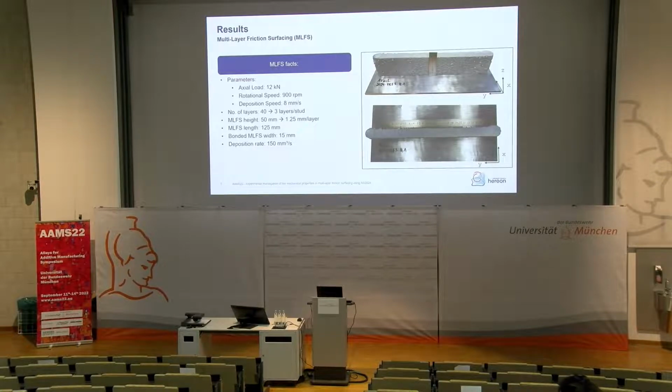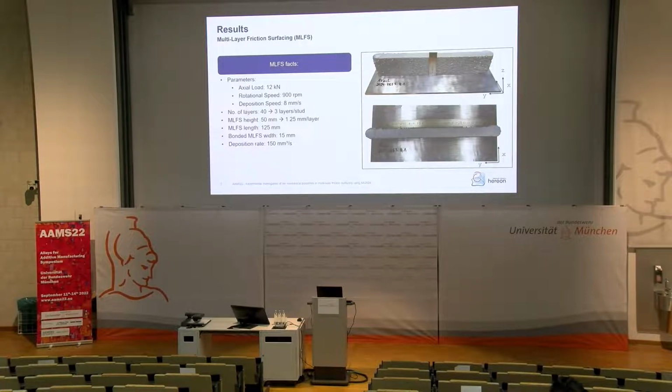Okay, now I will come to the study which we did here for the additive manufacturing. What we did is that we deposited multiple layers onto each other, and such a stack can look like this. Here on the right side, the top view and the side view. The selected parameters in these studies were the same for all the layers, which means that we applied an extra load of 12 kilonewtons, a rotational speed of 900 revolutions per minute, and a deposition speed of 8 millimeters per second.